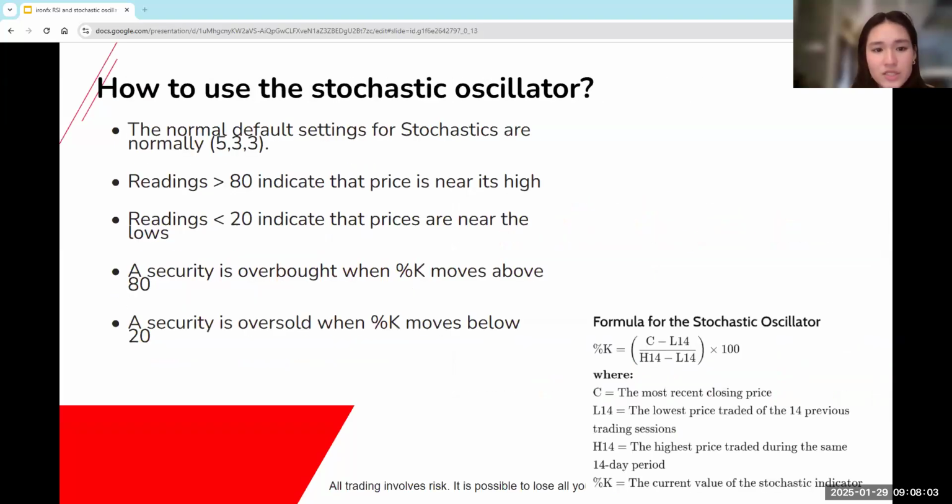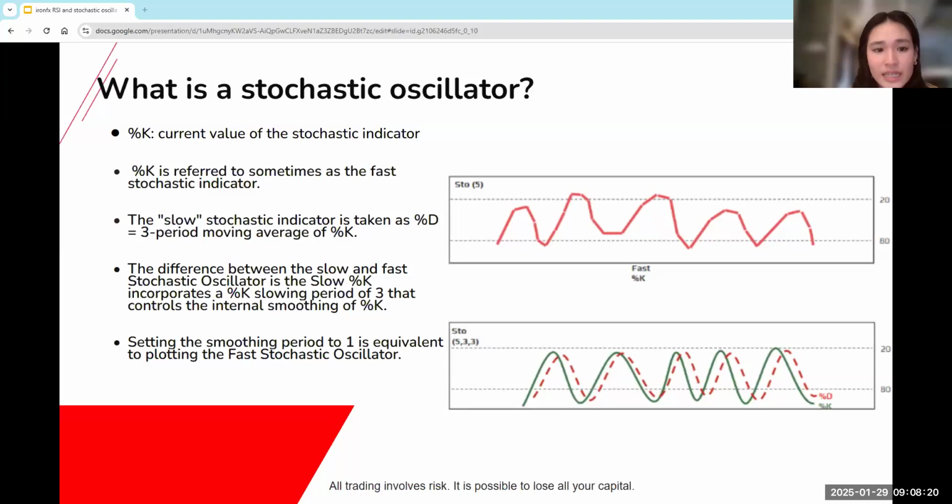Okay, so let's talk about how exactly to use it. Traders will typically use the stochastic oscillator to identify potential buy and sell signals. We talked about the K line earlier. The D line is basically the second line, which is a moving average of K over a certain number of periods.